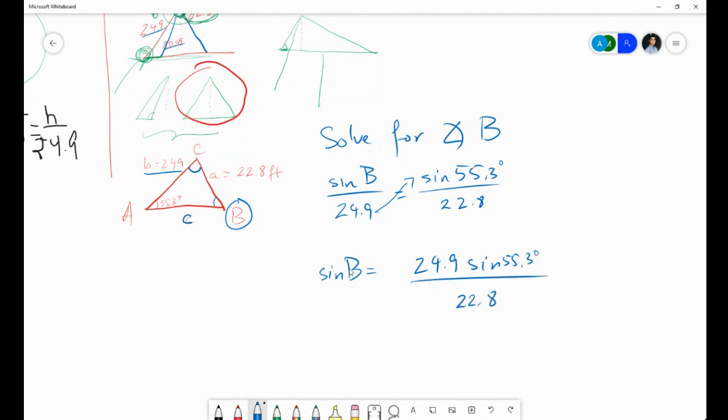Now to solve for angle B, I'm just going to take sine inverse on both sides. Then type all that into your calculator, and B is equal to, so I'll give you a minute to do that.